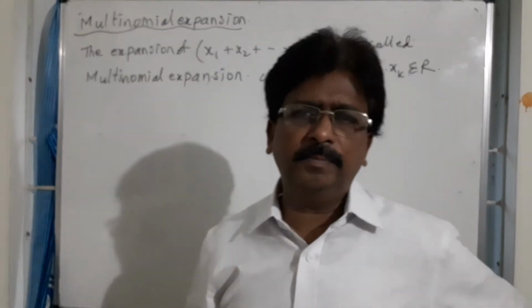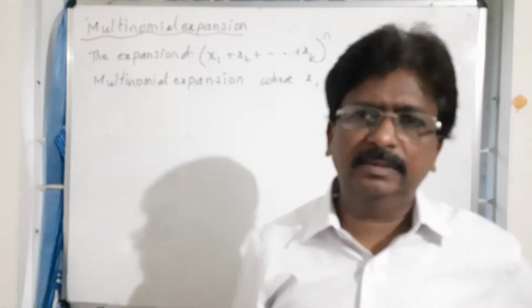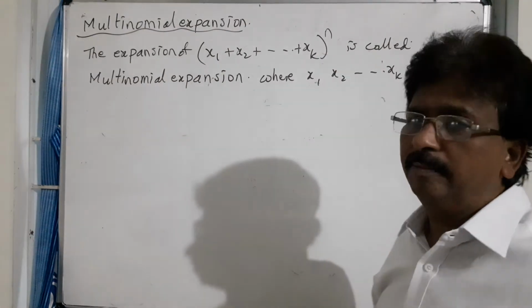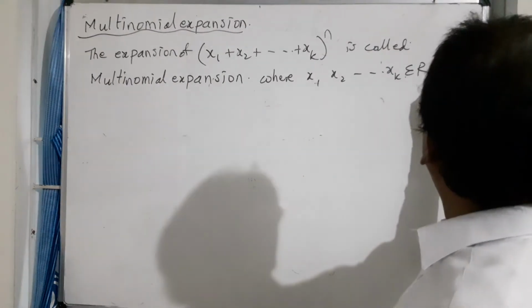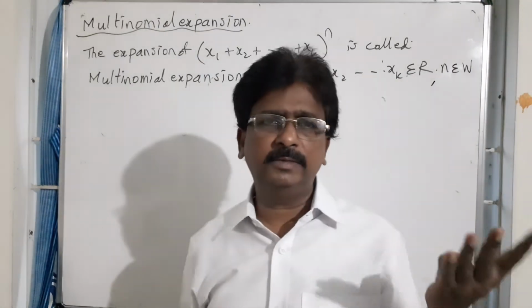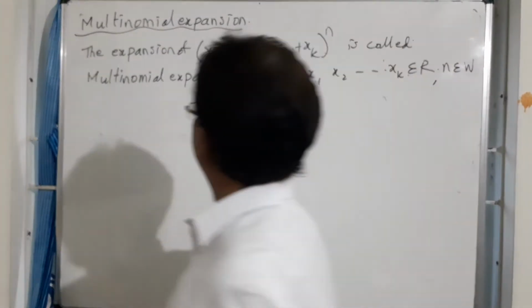Of course, any complex number can be taken, but in general, we take only real numbers in case of the multinomial expansion. And the exponent is compulsorily a whole number, n belongs to W. Whole numbers means starting from 0, 1, 2, 3 and so on, only counting numbers.